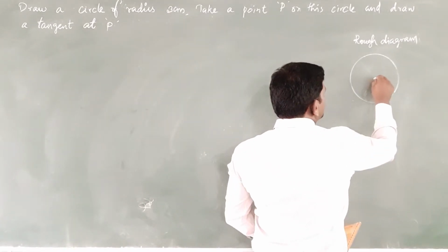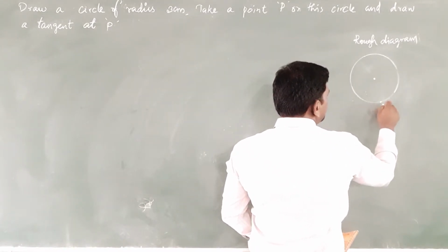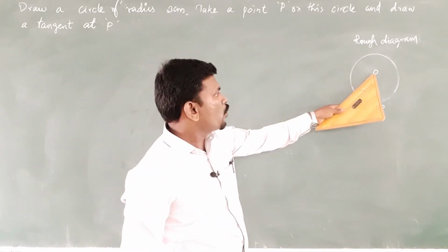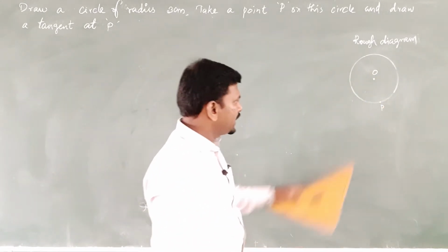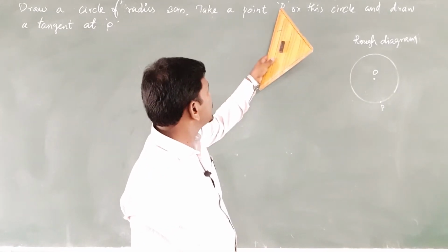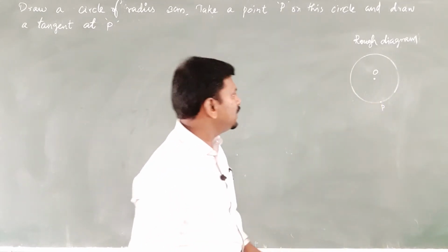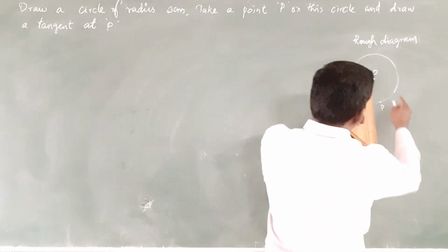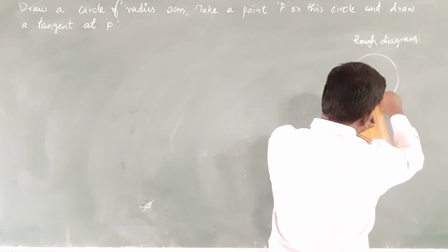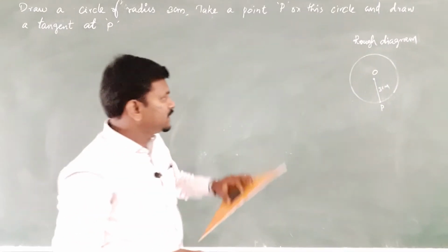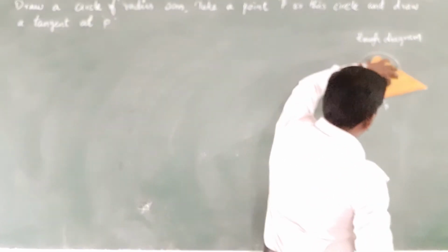We can take O as the center of the circle, and the given point on the circle is P. So P is a point on the circle and this radius is 3 centimeter, because the radius of the circle is 3 centimeter.